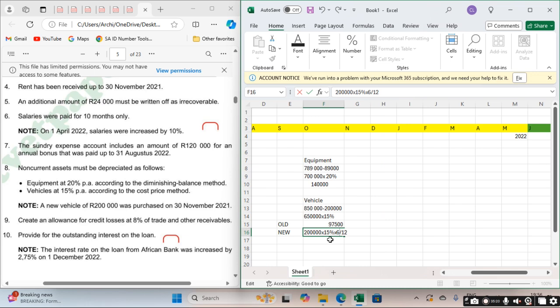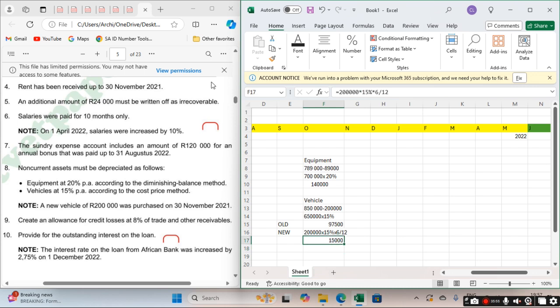Over 12. So the answer is 200,000 multiplied by 15% multiplied by 6 over 12, to get 15,000.